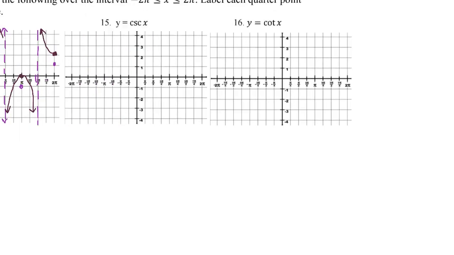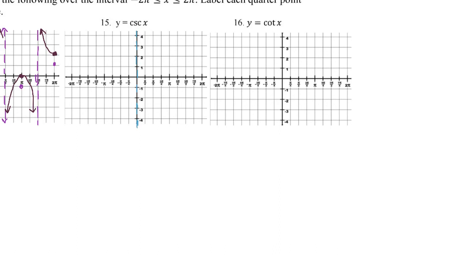Okay. Now for this graph, we have to remember some important points for sine. And so sine started at 0, and sine of 0 is 0. So if we do the reciprocal of 0, we're going to get undefined, so that means we have an asymptote here.